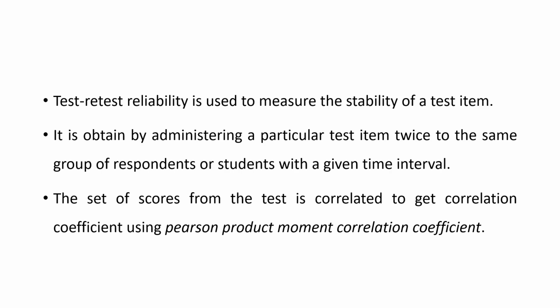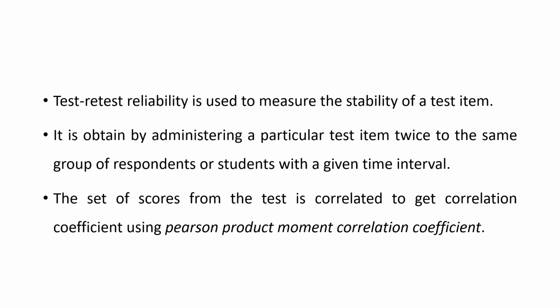As for the types of reliability we can ensure, basically, we ensure the stability of an instrument, we ensure the internal consistency of an instrument, and finally we ensure the equivalent form of an instrument. The first one, starting with stability, the type we use in ensuring stability is what we refer to as test-retest. Test-retest reliability is used to ensure stability of an instrument.